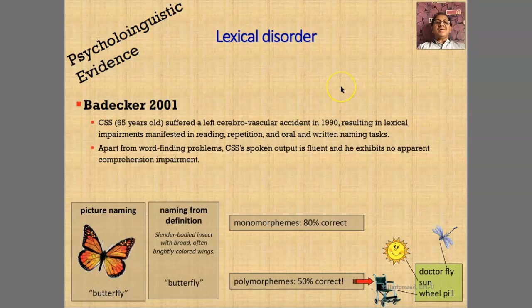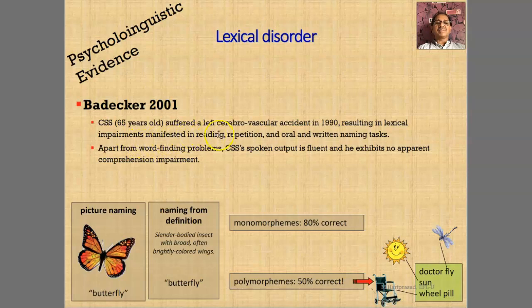There is also another piece of psycholinguistic evidence which comes from lexical disorder or morphological disorder. There's a person, CSS, and he's 65 years old. An experiment was done on this person by Badecker in 2001, and this person, CSS, suffered a left cerebrovascular accident in 1990, resulting in lexical impairments.